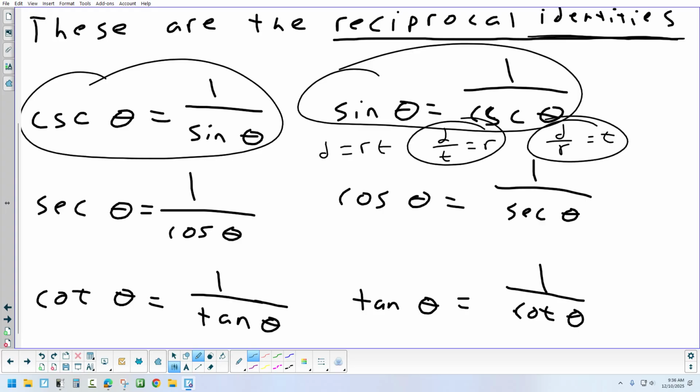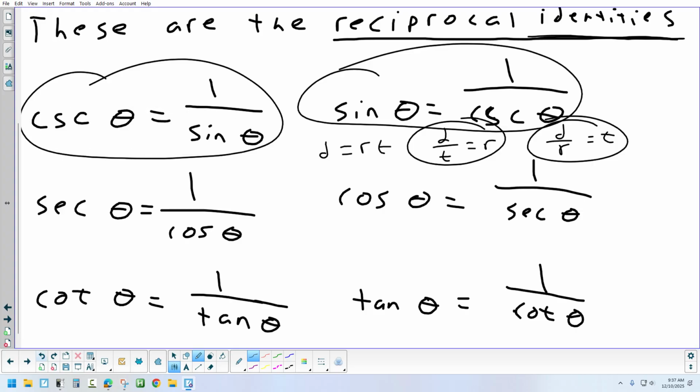All you've really done in those 2 formulas is switch what was on the bottom and what was on the other side. You can always do that in a fraction. If you switch the denominator with what's on the other side, and you have a single fraction and a single term, you can always switch these 2 things and get another fraction that's equivalent.